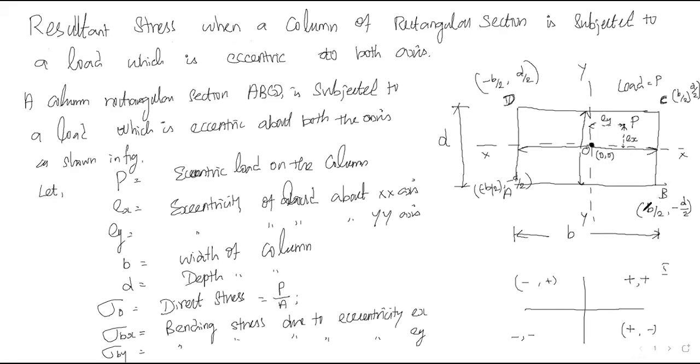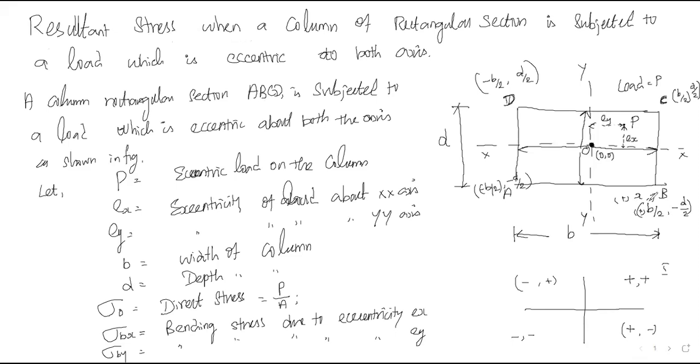Next, third one, consider the position B. So here b by 2 is positive and d by 2 is negative, that is the x-axis is positive and the y-axis is negative.